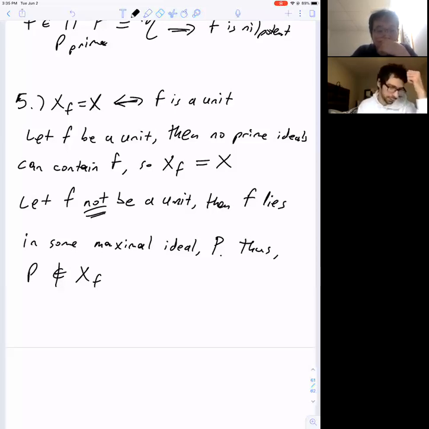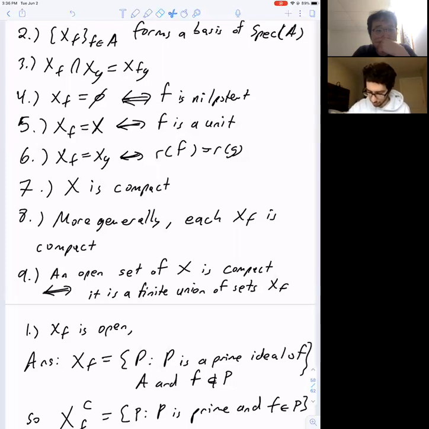So here's where things get kind of tricky. How do we relate the radical of f with the basic open set of f? I will actually have to look at my notes a little bit to resolve this.